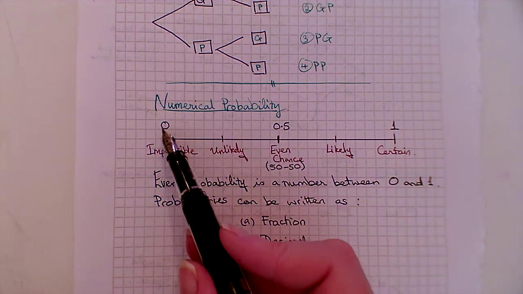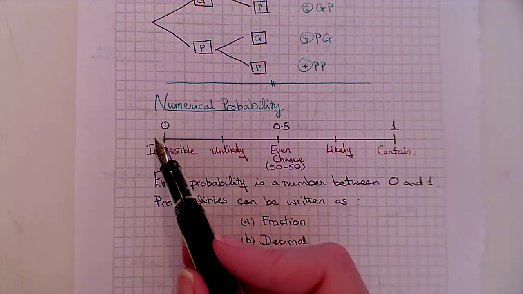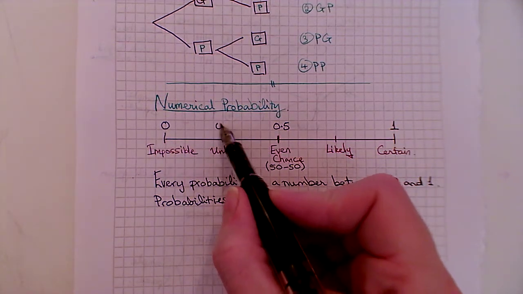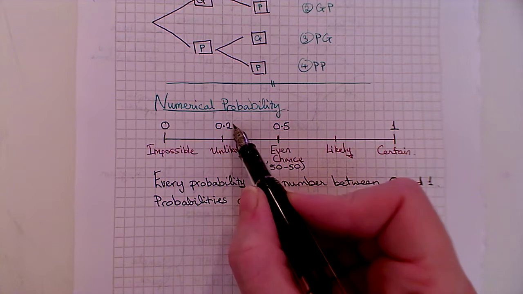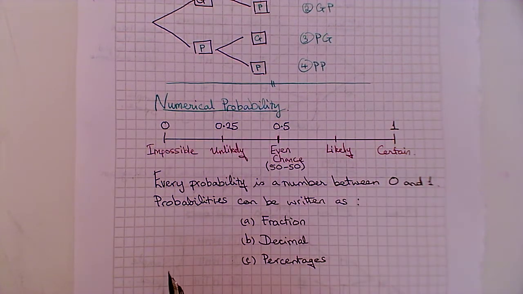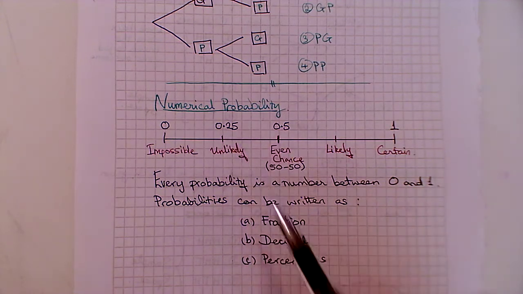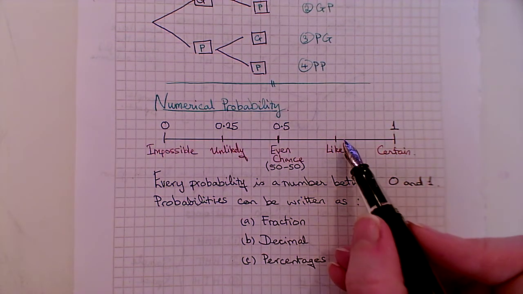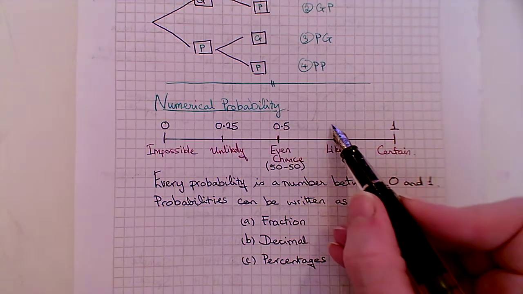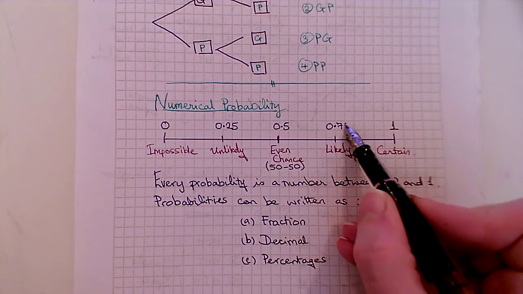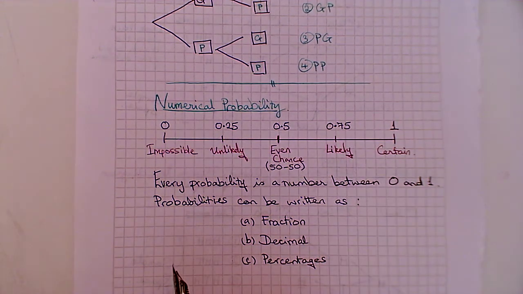What's halfway between 0 and a half? Well, we can just divide 0.5 by 2 and get 0.25, or that's also a quarter or 25%. What would we fill in here? 0.75, 75%, or 3/4.